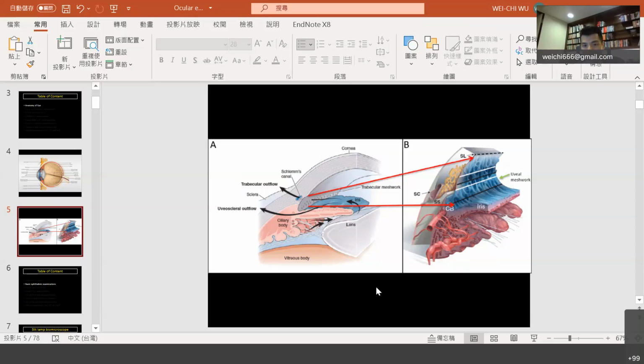So you understand the importance of intraocular pressure in the eye. As I mentioned to you, the normal range of the intraocular pressure. Do you know what is the normal range?